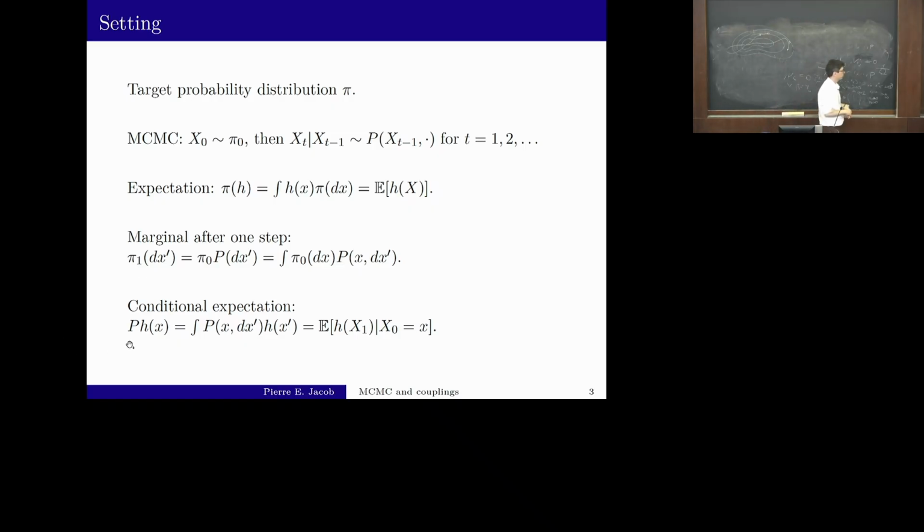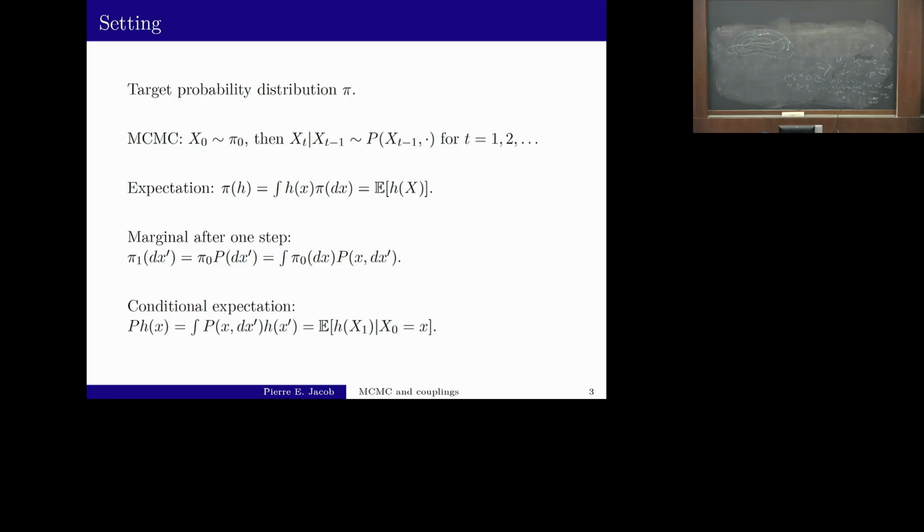Okay, and conditional expectation: Ph, with the same P, the transition. If you put a function on the right, it returns a function, so it's also an operator. It's also the case that if you put a vector on the right, you would get back a vector, with the meaning that you want in the finite state space setting. Here it's basically the conditional expectation after one step.